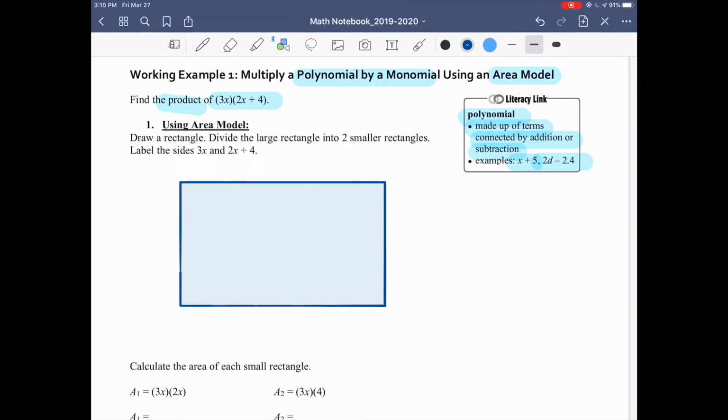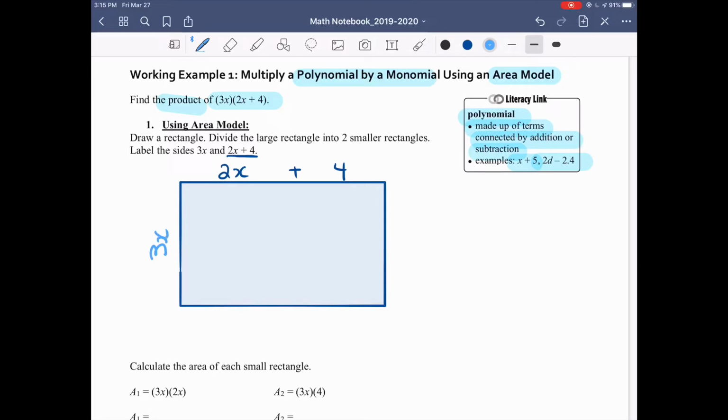Now, we have a monomial and a binomial. We're going to represent the longer side using the longer polynomial, so this would be 2x plus 4. The shorter side would be the monomial, which is 3x.